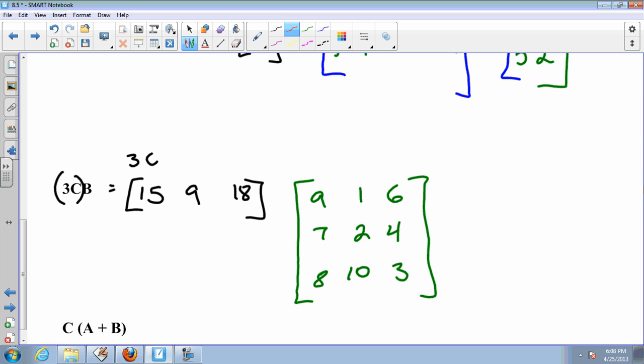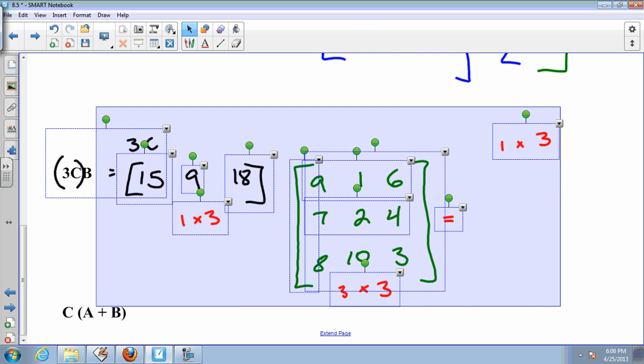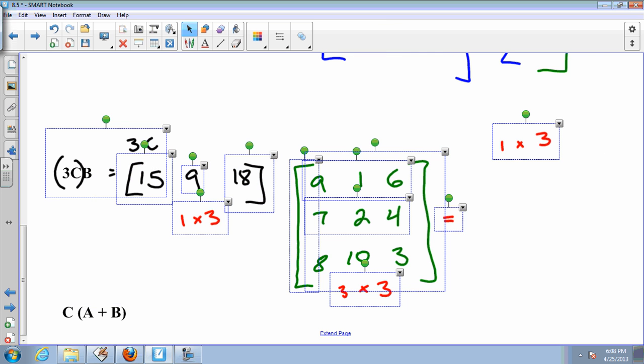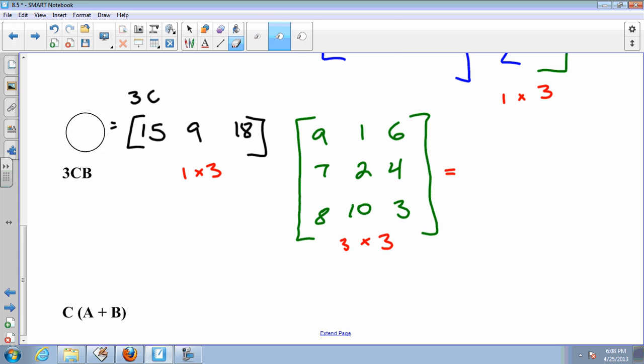So let's first see if it matches up. This is a 1 times 3. This is a 3 times 3. So our outcome will be a 1 times 3. So let's get us some more space.